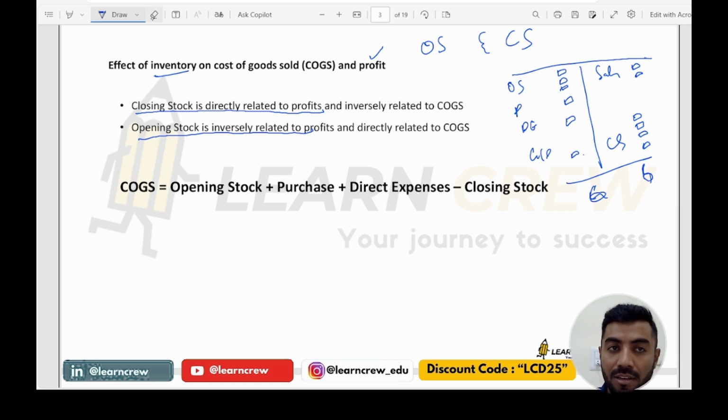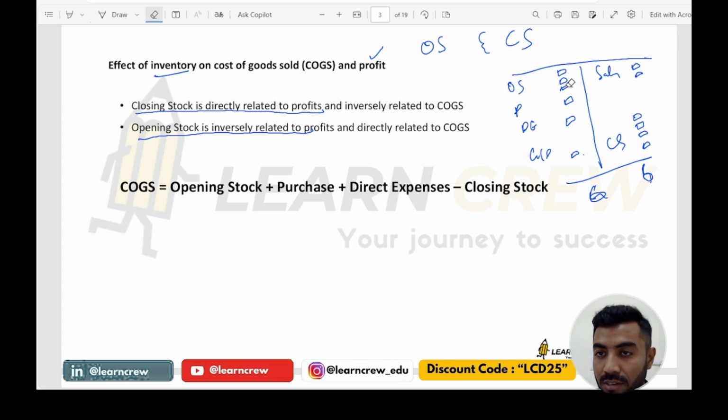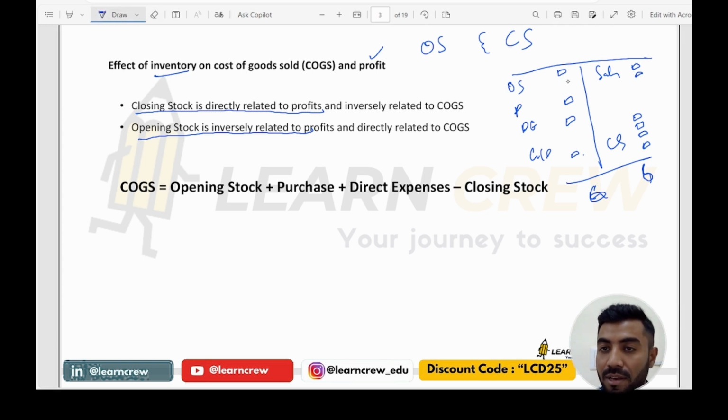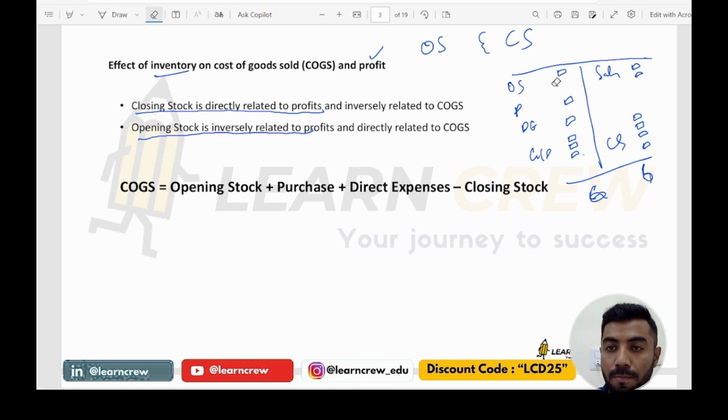In the other case, what will happen when opening stock is decreasing? Say we have decreased by two quantities. It's reducing, so we have four here and six there. We'll have to match it, that is, we'll have to add another two. So this is the inverse relationship which you can see.